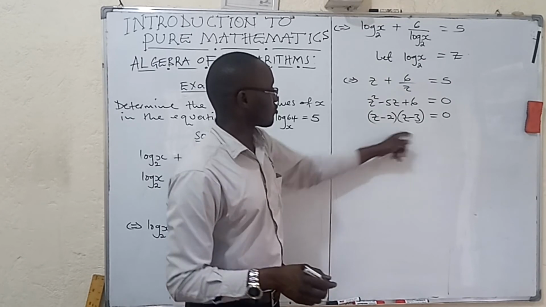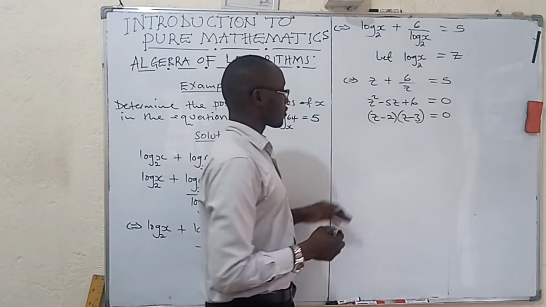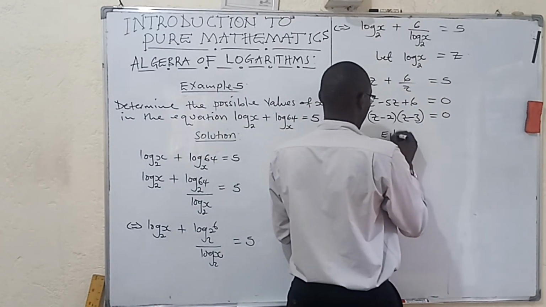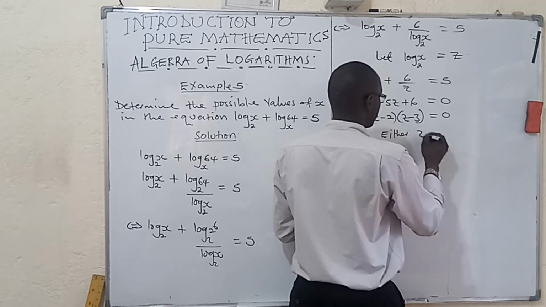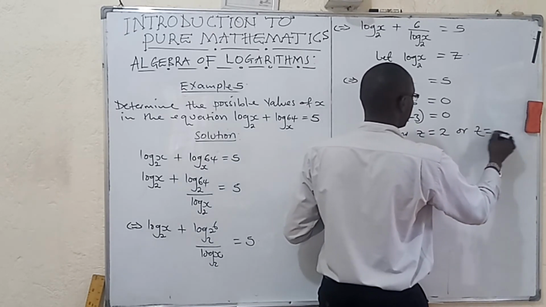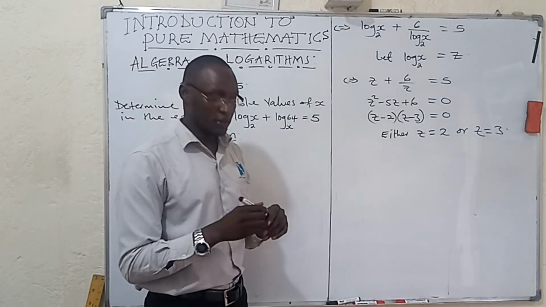Very easy. Now we can proceed and say that, Mr. Examiner, sir, either z is equal to 2 or z is equal to 3, individually equating each of these brackets to 0.